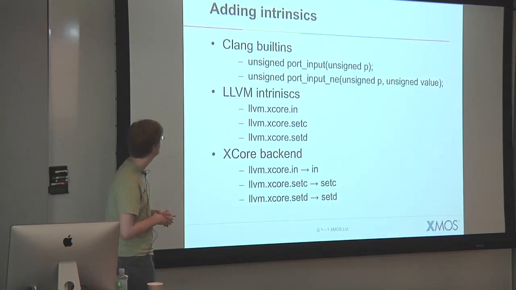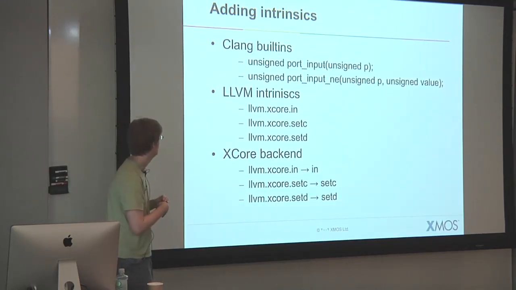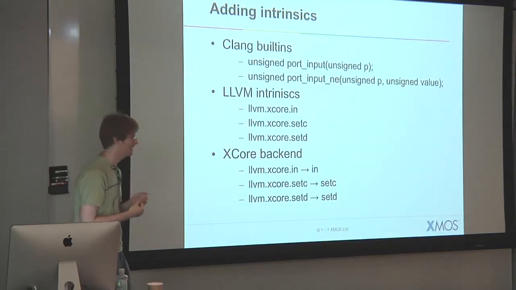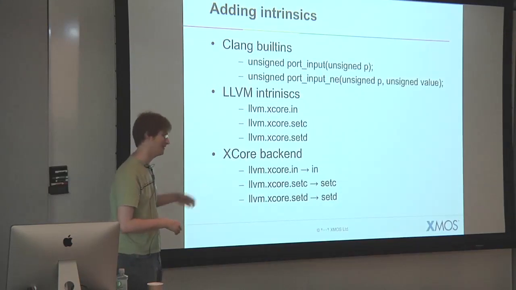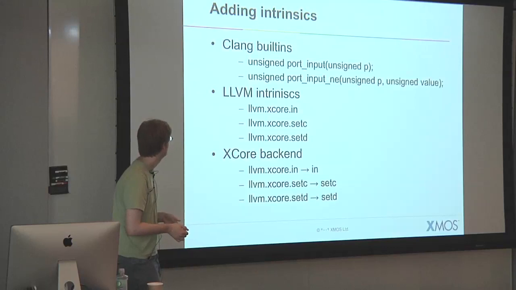So what we've done is added Clang built-ins for these, which map to LLVM target intrinsics. And then in the XCore backend, those trivially map to the actual instructions in the ISA.